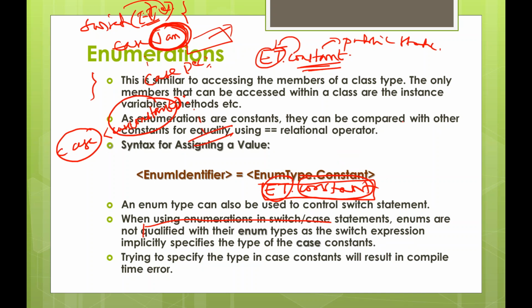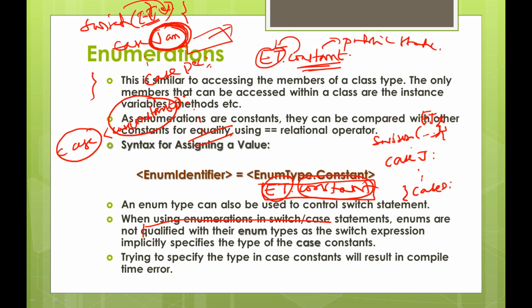For example, if I want to write a switch statement, forget about the expression here. Say the enumeration type has some variable x, and then you have constants, case Jan up to case December.